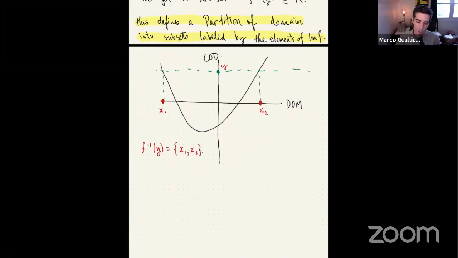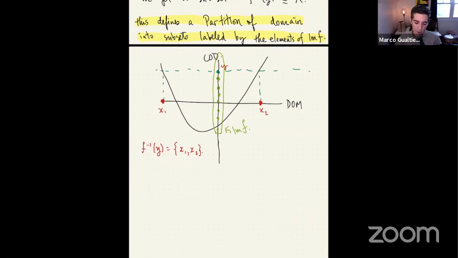So if you choose all possible points in the image, so this would be the image. The image would be all these points, the image of F. All of these values are taken, but the highly negative values are not taken by this map.